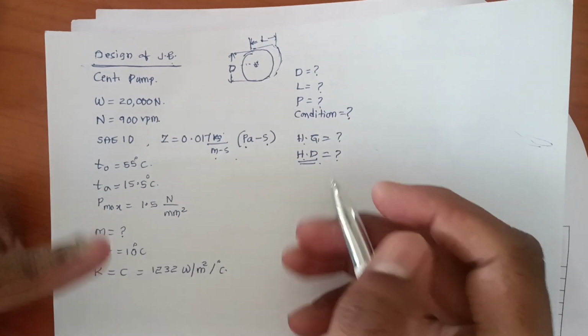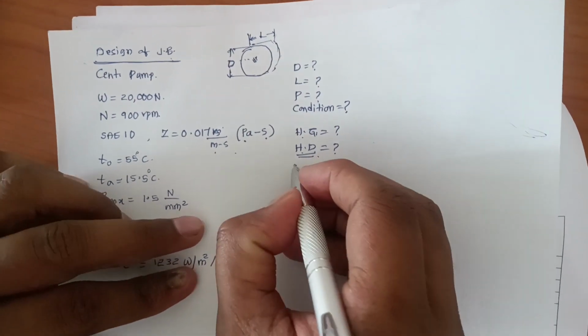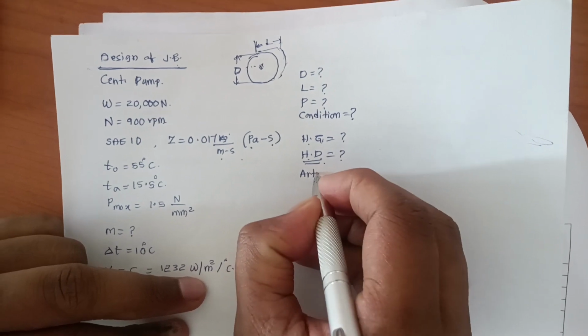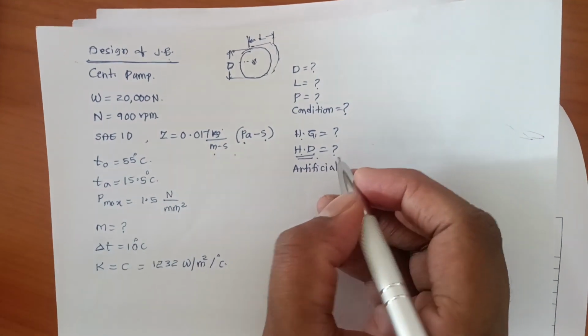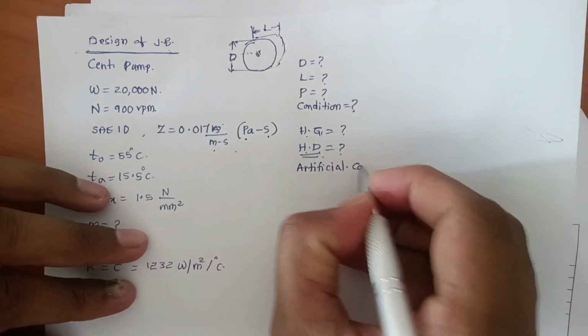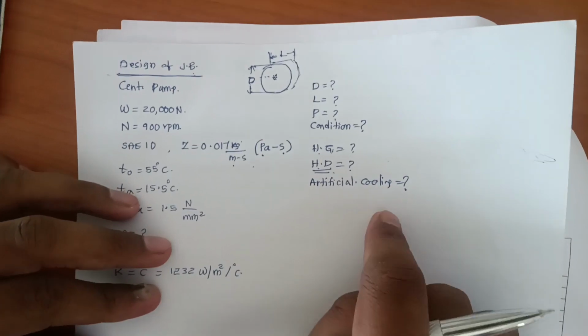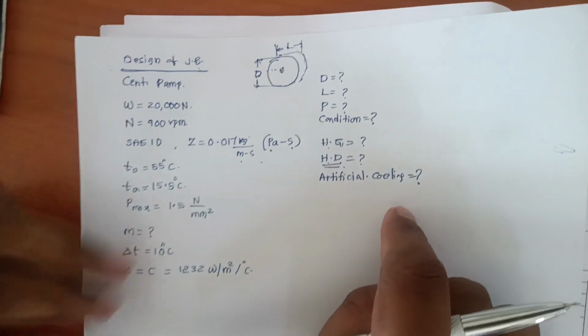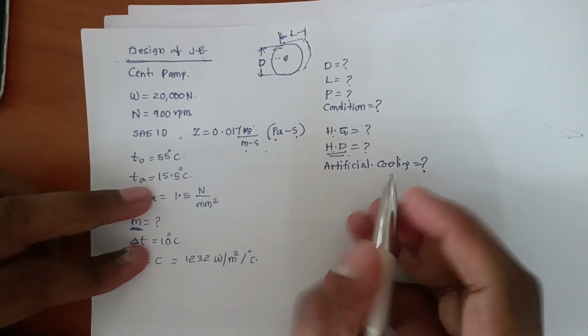Otherwise artificial cooling is required. That means you have to find out the artificial cooling. First you have to check whether artificial cooling is required or not. After that, here they are asking the mass of the lubricating oil.